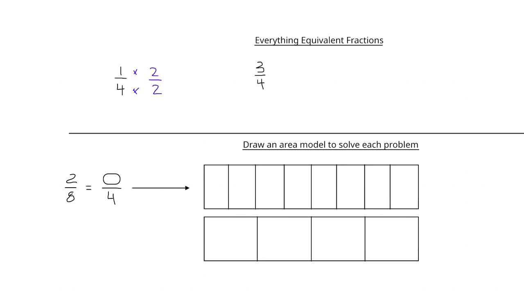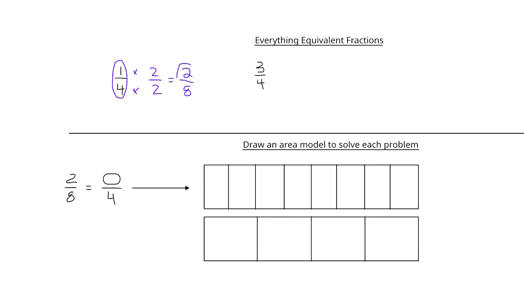So multiply the numerator and the denominator by the same number. It does not matter what number you use as long as it's the same number in the numerator and the denominator. And as you can see, 1 times 2 is 2, 4 times 2 is 8. That means 1/4 and 2/8 are equivalent.